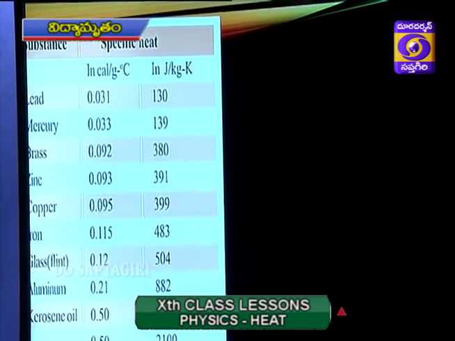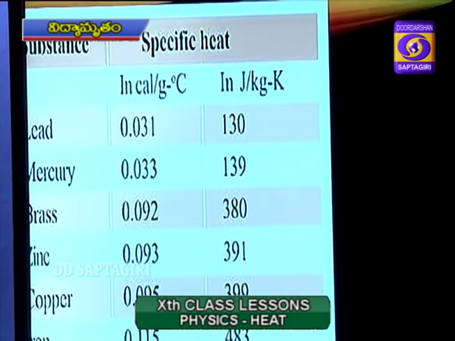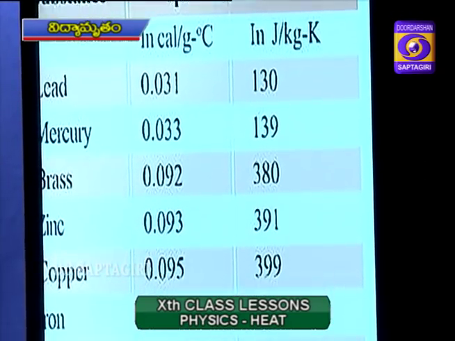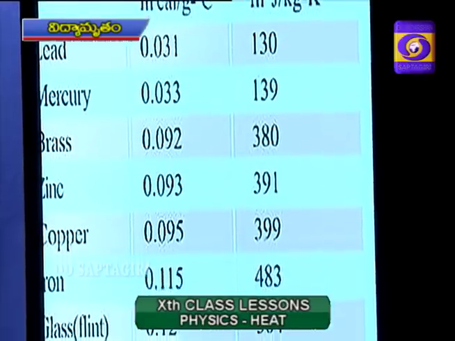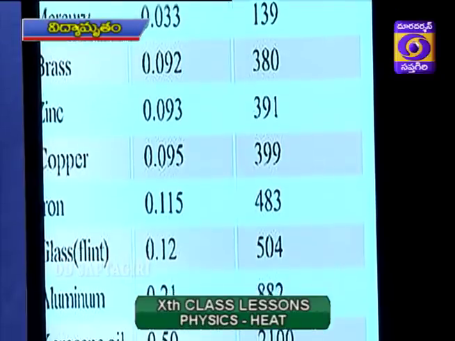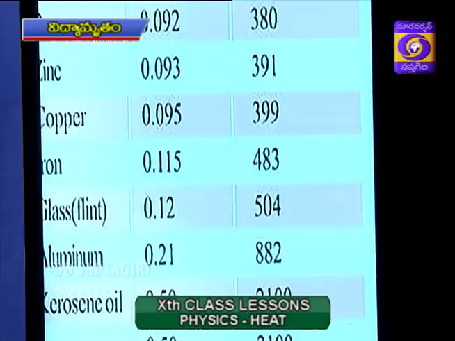In the examination also they will ask you, in a beaker of water, they will put 2 test tubes, and in one test tube they will pour some water, and in the second test tube they will pour some oil, and they will heat both the test tubes to the same temperature, and they have the same mass also.